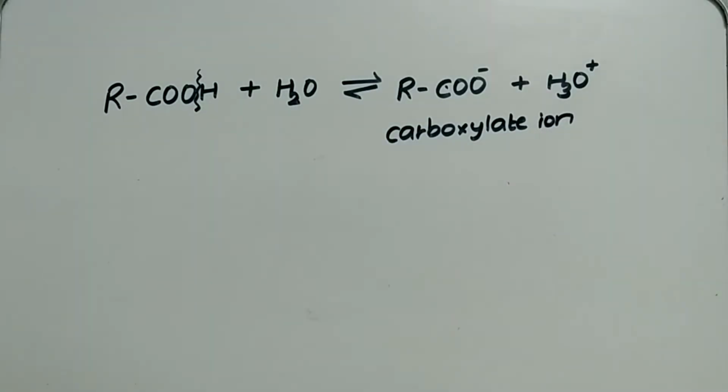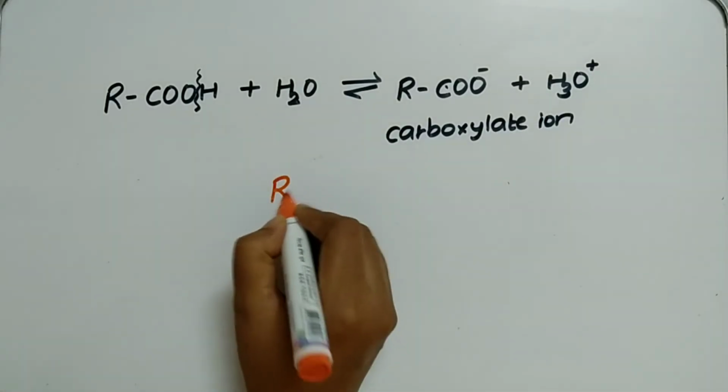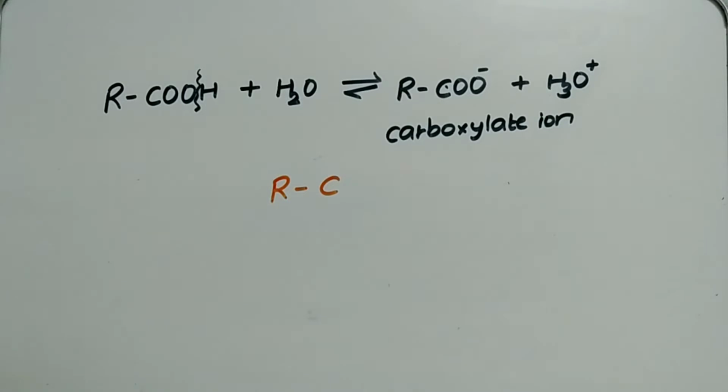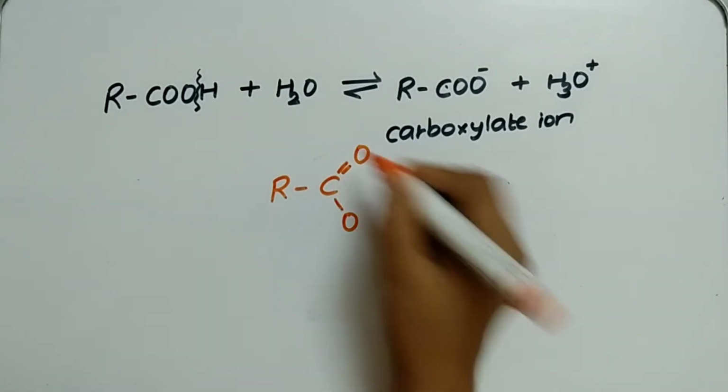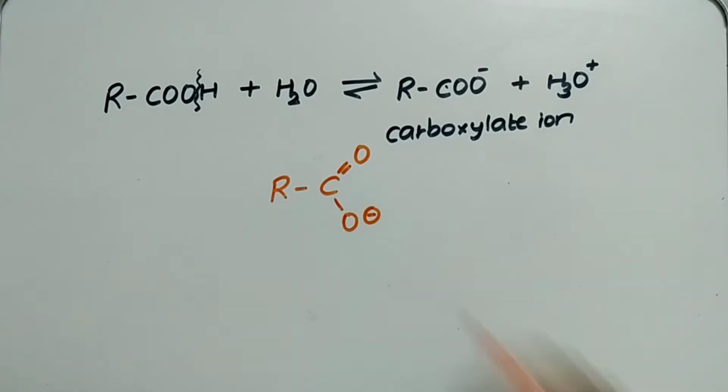This carboxylate ion undergoes resonance, so check for the resonating structures. R C, single bond oxygen, double bond oxygen, oxygen having a negative sign. This is a structure for carboxylate ion.